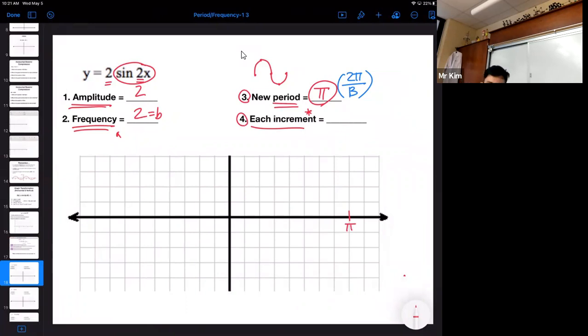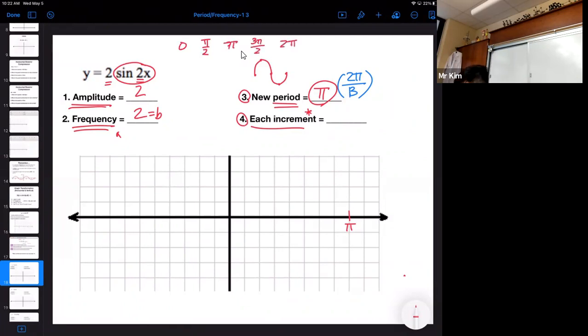You don't have to do that anymore because your period has now changed to pi. So how do I get all of those essential points like max, middle, min, and things like that? If you go back to the 5 points that we always use: 0, pi over 2, pi, 3 pi over 2, and 2 pi.